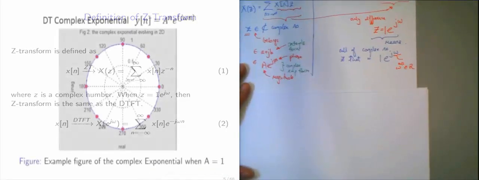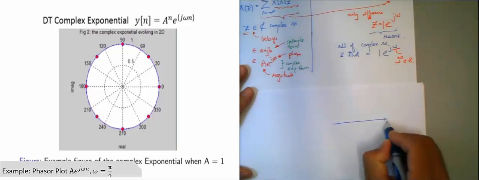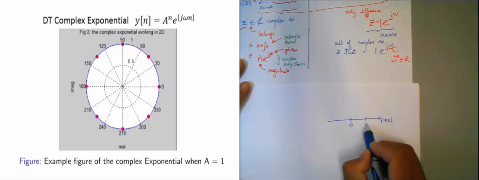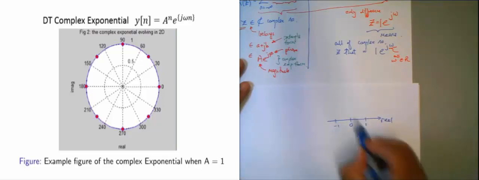So I'll now draw 1 e to the j omega for you. I'm first drawing the real line, okay? If this is the real line, this is the point 0, this is the point 1, this is the point minus 1.